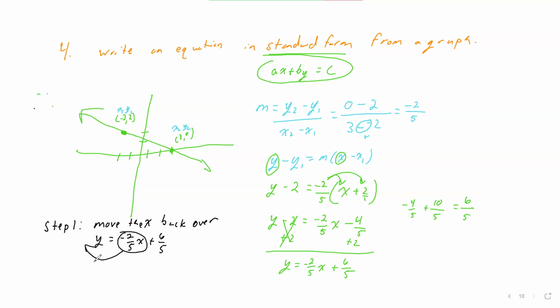So I'm going to do the same thing here. Change the x, move, change, operation. Oh, it's already a negative. So it'd be positive 2/5 x plus y equals 6/5.